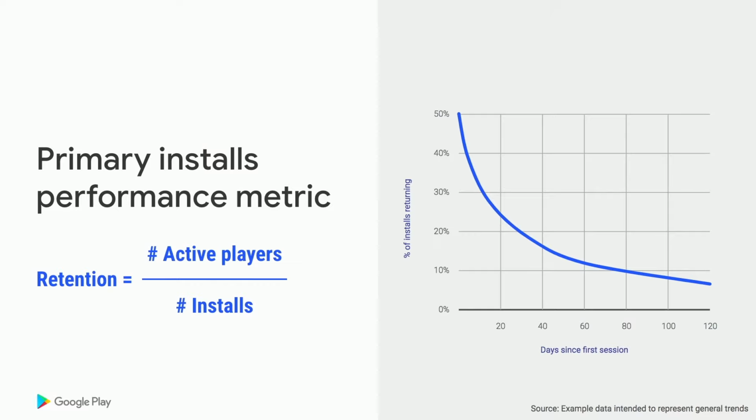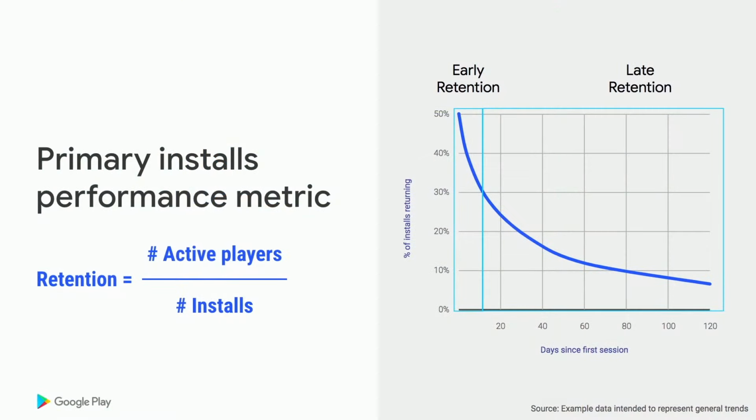And this is an example of what the curve would look like. Now, I do want to highlight that this calculation that I'm talking about is a very classic approach, talking about a specific day of return, which means that the user has opened the app on a specific day. And there are other methods. Maybe it's ranges instead of a spot day, or a rolling retention, and each of them have merit. But for the KPIs that we're covering in this series, we're going to focus on the classical approach of spot day retention.